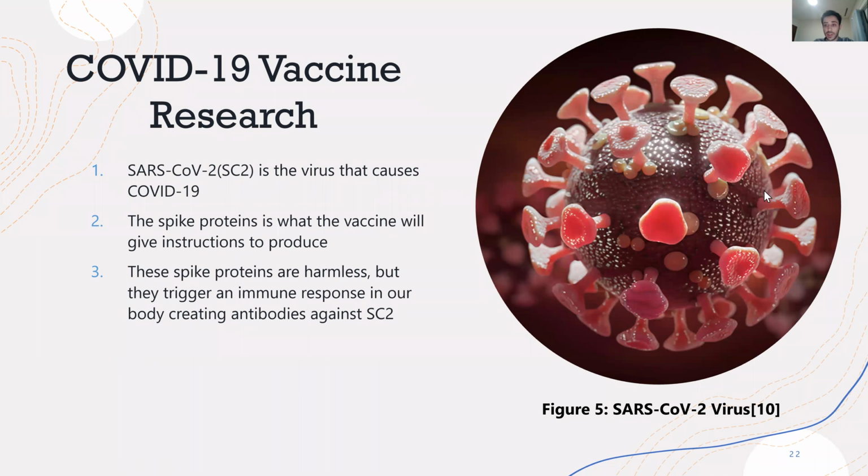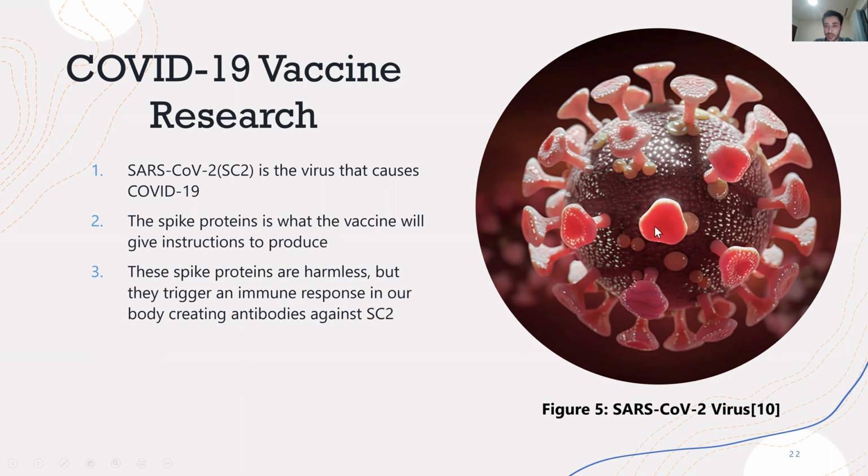So now that we have the types of vaccines figured out, we can develop a vaccine for COVID-19. COVID-19 is when a virus called SARS-CoV-2 attacks the body, and it produces the disease called COVID-19. The vaccine that we will be producing will give instructions to produce the spike proteins shown in figure 5 here.